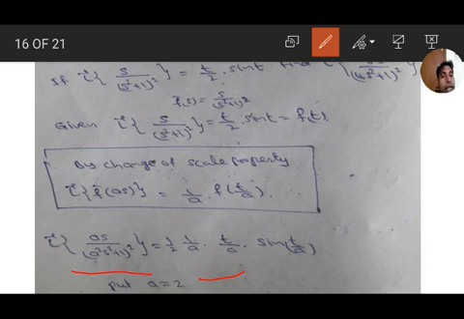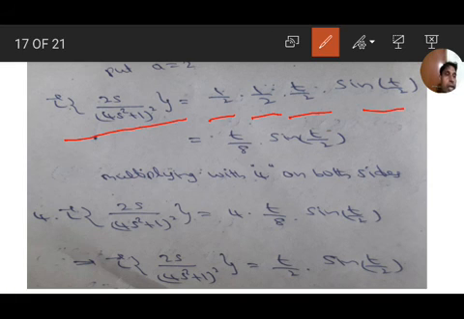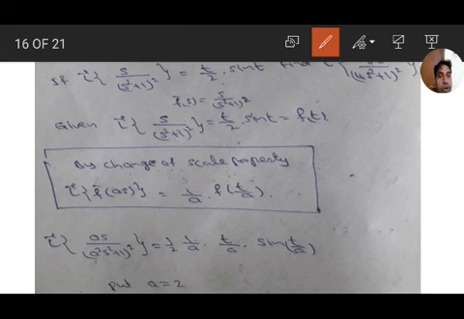Now substitute a equal to 2, because we get this function with a equal to 2. Then 2s by (2 square, that is 4, s square plus 1) whole square, with 1 by 2 as it is already.